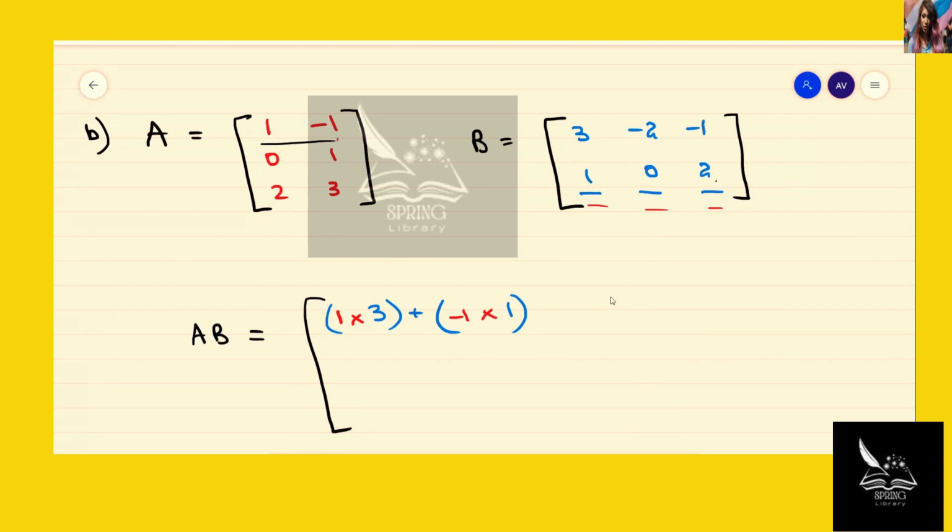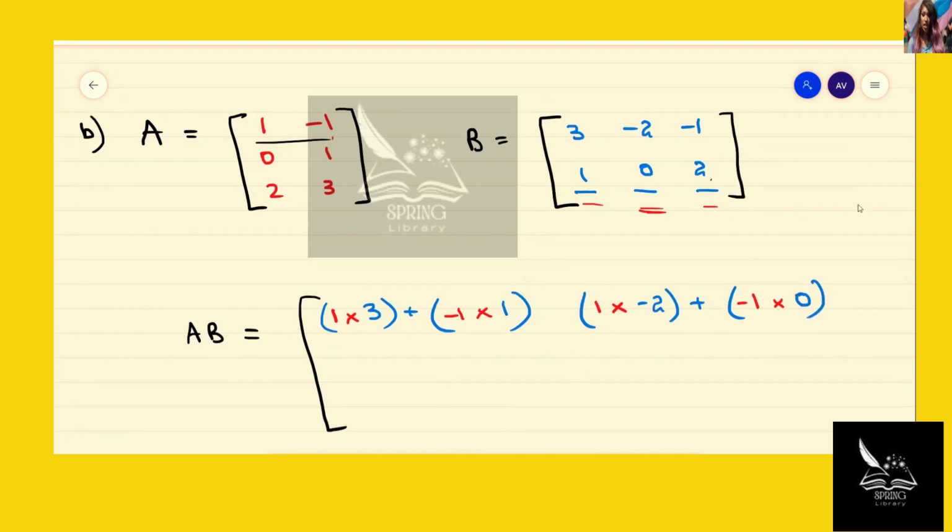Now let's move on to the next element of the product AB, which would be 1 times minus 2, where 1 is from A and minus 2 is the element in B, plus minus 1 times 0, which is the second element of the second column in B. So that gives us the second element of AB.